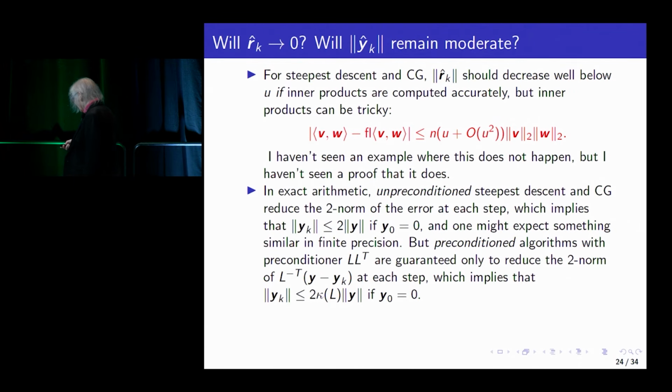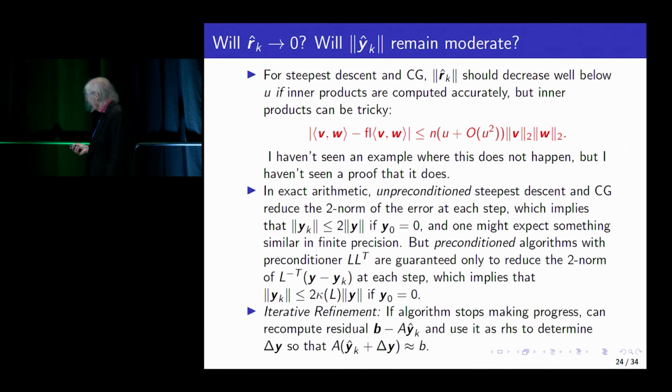They are guaranteed to reduce the 2-norm of L inverse transpose times y minus y_k, if LL transpose is the preconditioner. And so you could get some growth in the approximate solution that would enter into the ultimately attainable accuracy. Now, at least the growth in the approximate solution is limited.